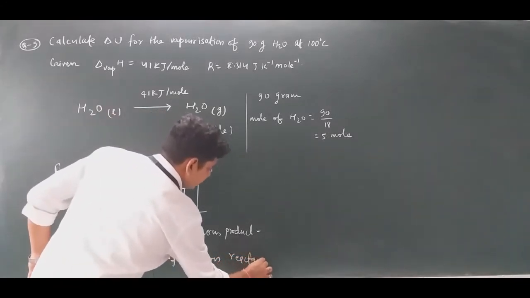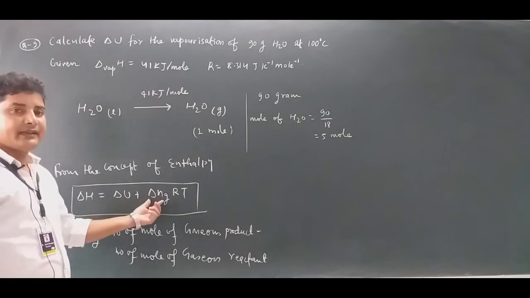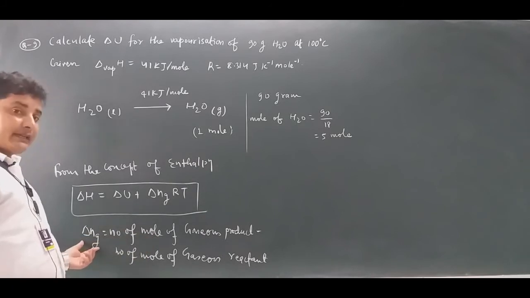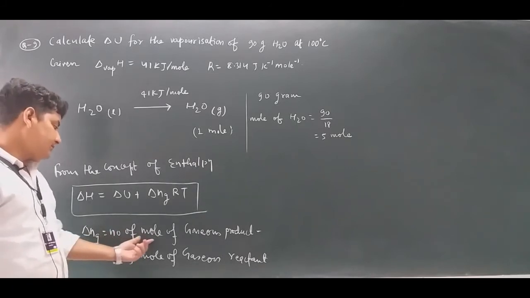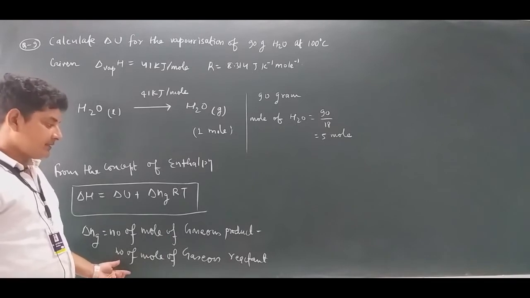Remember, change in moles of gaseous product means change in the number of moles of gaseous elements, that means number of moles of gaseous product minus number of moles of gaseous reactant.